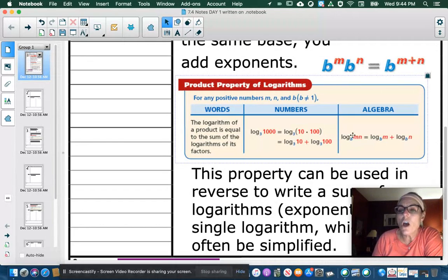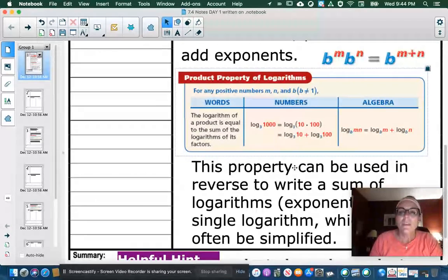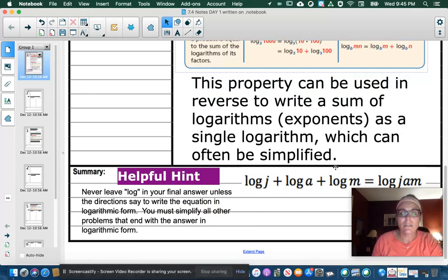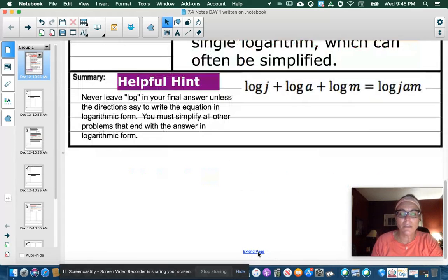So the log base b of m times n is equal to the log base b of m plus the log base b of n. This property can be used in reverse to write a sum of logarithms as a single logarithm, which can often be simplified. All right, so let's extend the page.